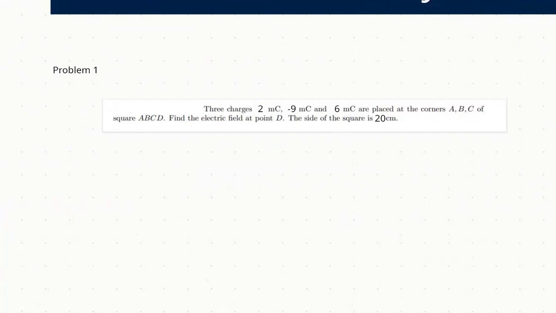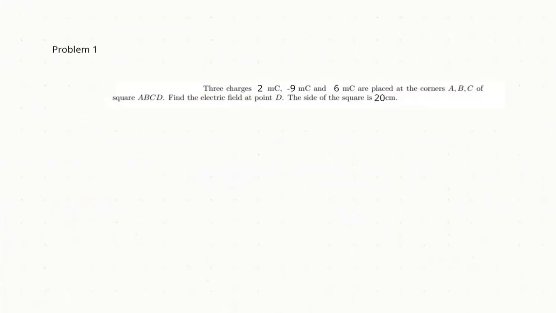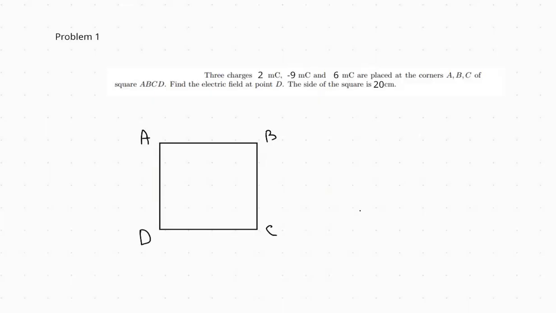So you have a square with corners A, B, C, and D. So I can draw a square, and that's going to be A, B, C, and D. And we need to find the electric field at point D.